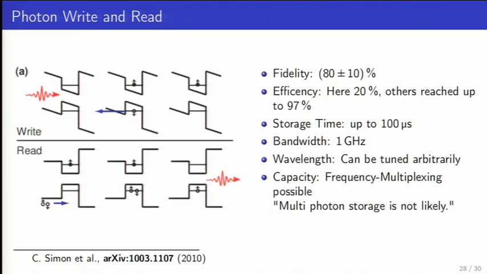And then there are some states in this band. When a photon comes into the quantum dot, it is absorbed and it generates an exciton. An exciton is an electron-hole pair.